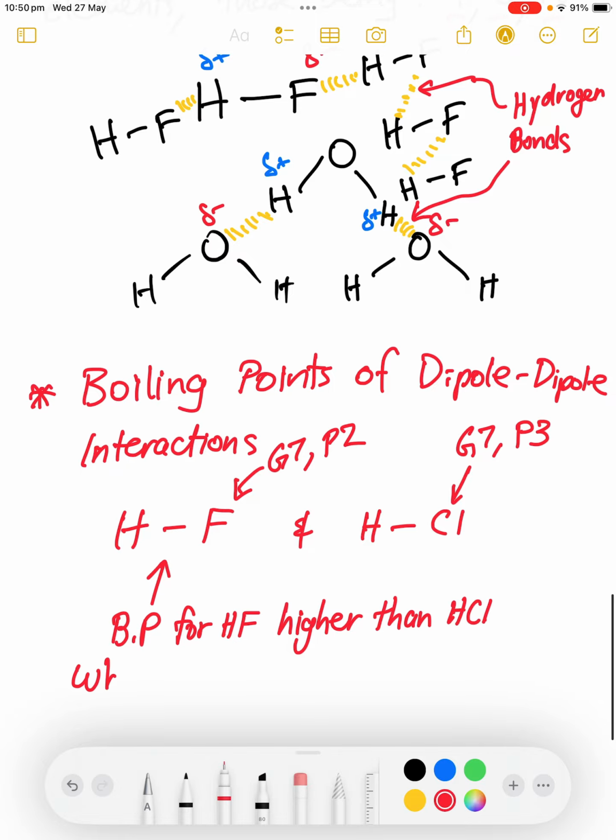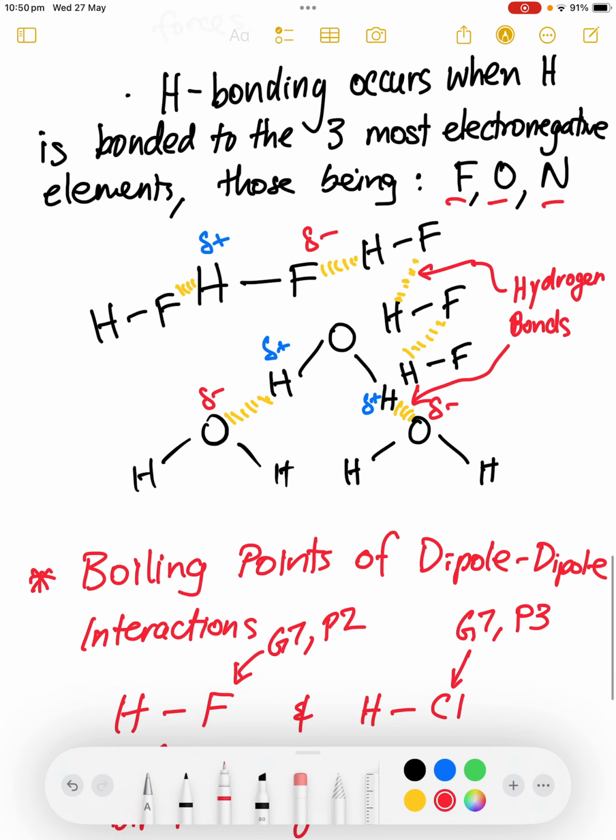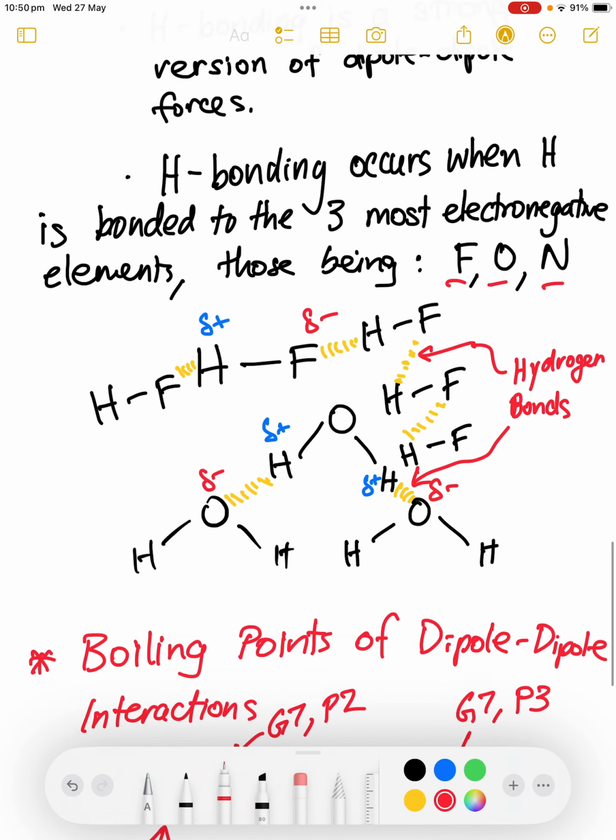Okay, why, you may ask yourself? Well, the dipole, and this does connect a little bit to hydrogen bonding too.